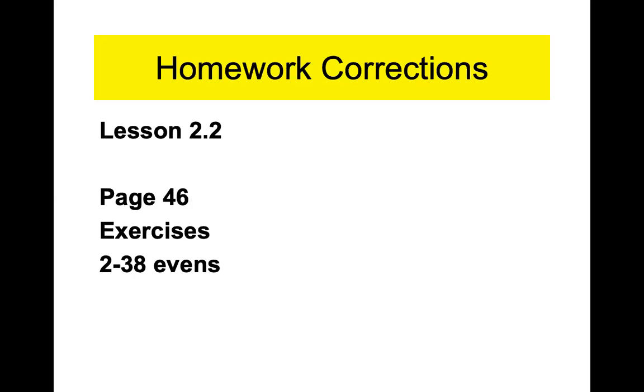2 times 100 plus 5 times 10 plus 6 times 1. Number 4, 4 times 0.01 plus 7 times 0.01. Wait, I just read out 5. Never mind. I told Jackson the wrong homework.